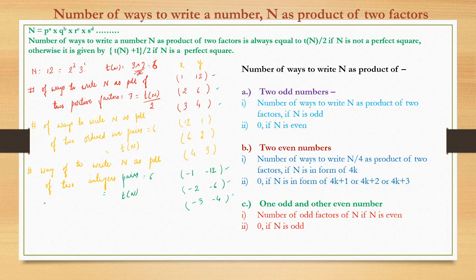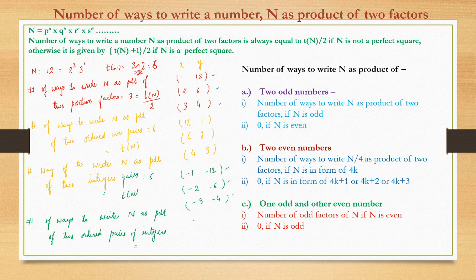I mean an unordered pair. But had the question been the number of ways to write n as a product of two ordered pairs of integers, then how much would it have been?